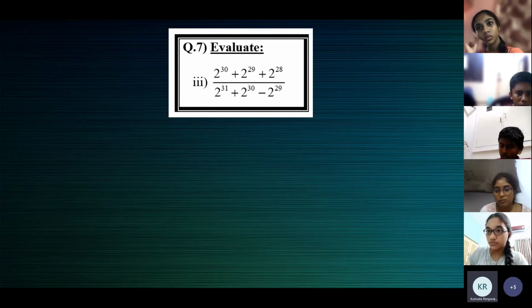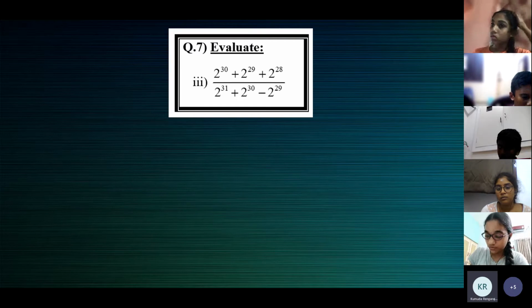What is the least power? See, here you cannot say bases are same, add the powers, because the sign is plus or minus.